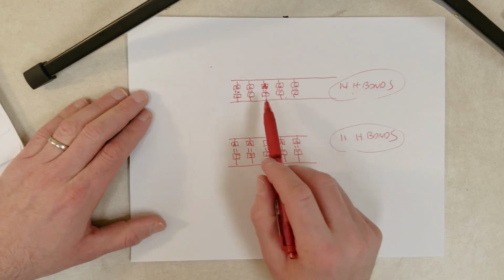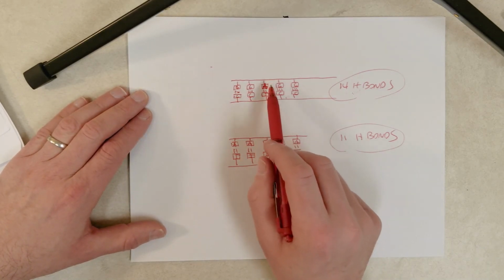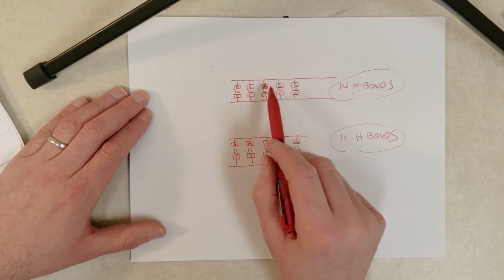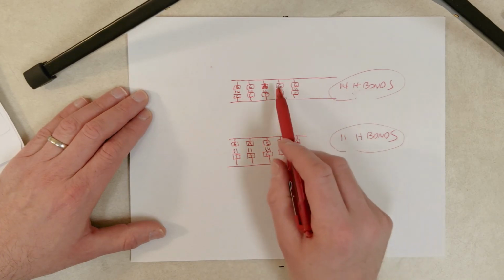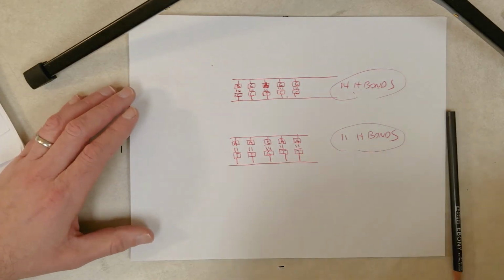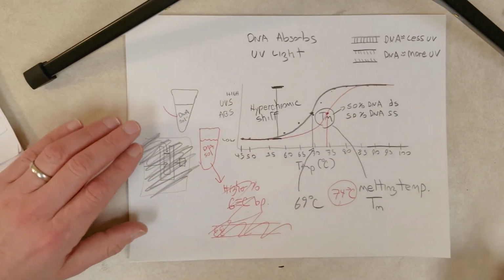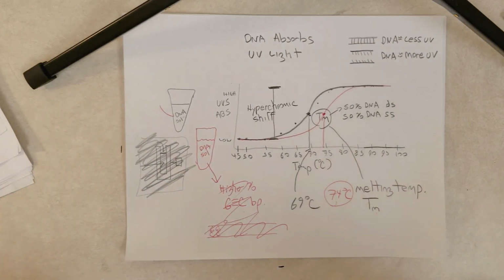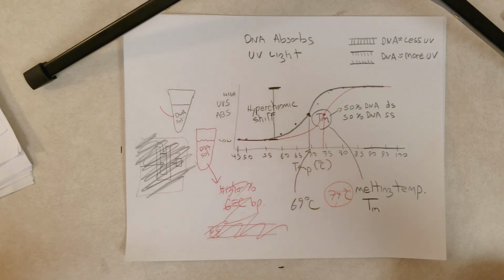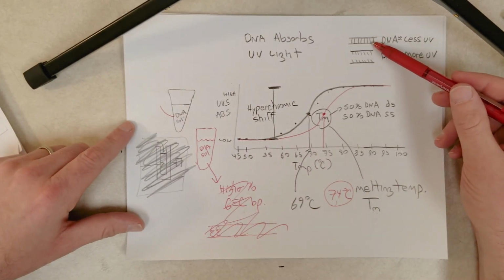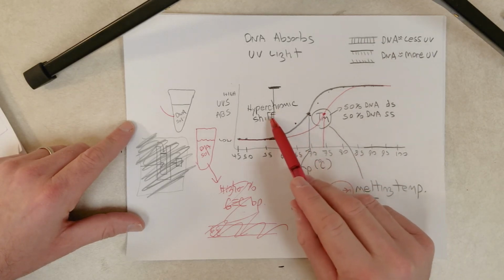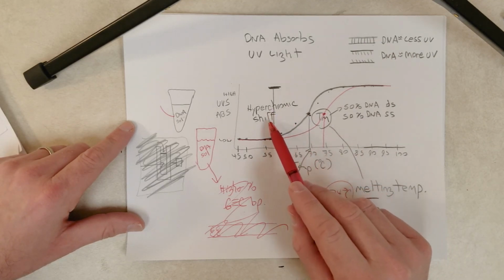So we can predict that we would need more heat to separate these single strands than we would these strands, because they have a higher number of hydrogen bonds holding them together. So, okay, that's it for denaturing DNA: how hydrogen bonds help hold the strands together, and what the hyperchromic shift is.